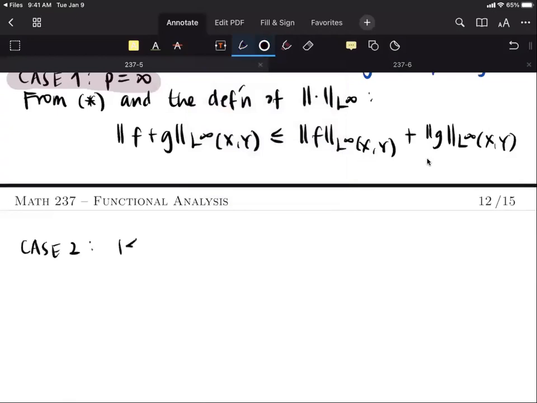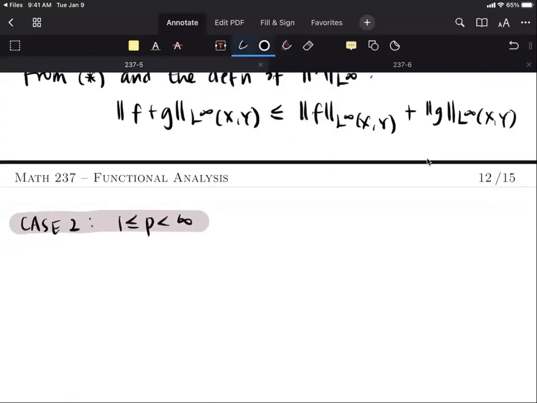Now, what if p is finite? For this, we need the so-called Holder's inequality.